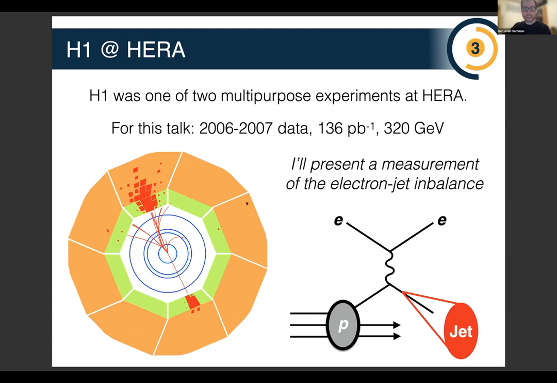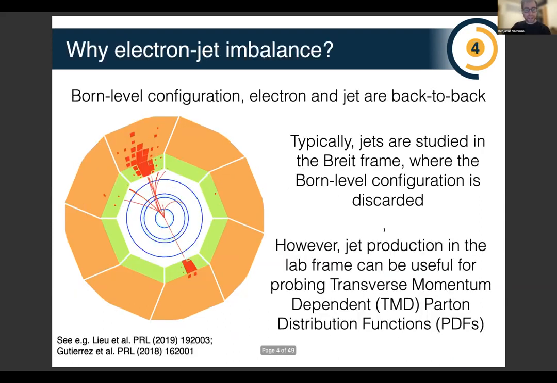The kind of events that I'll be discussing are shown schematically here. This left picture is a cross-section of the H1 detector, and you can see this electron-jet event. So we're talking about events that look sort of like the bottom right Feynman-like diagram in the lab frame. So this is the same picture, but now to explain a bit more why we're interested in studying this sort of Born-level configuration of electron-jets.